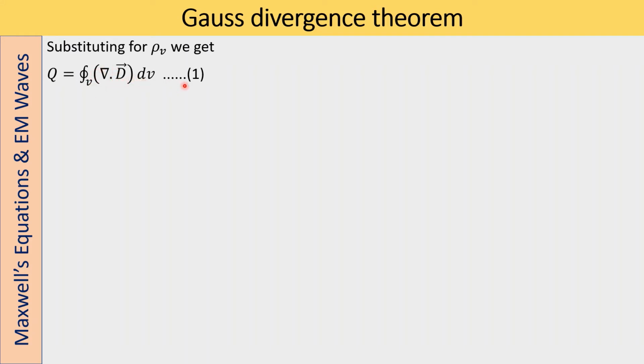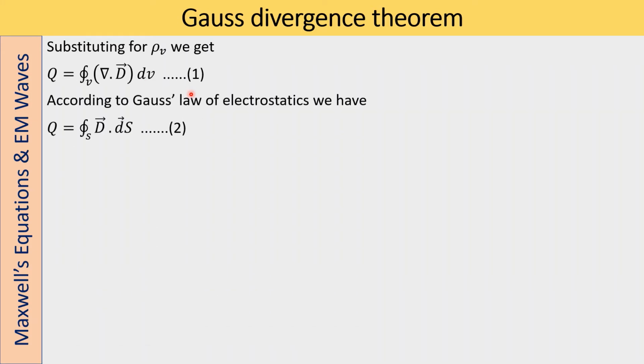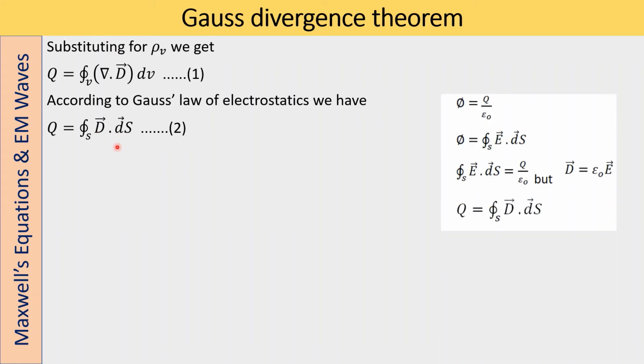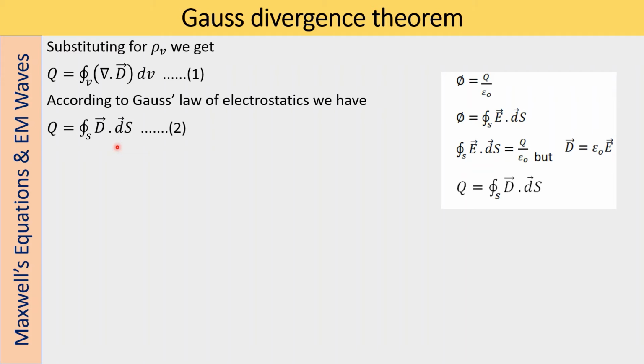This is equation 1. According to Gauss law of electrostatics, we have q equal to the surface integral of D dot ds, where D is the electric flux density. Because according to Gauss law of electrostatics, the total flux enclosed by the Gaussian surface is equal to 1 by epsilon times the total charge enclosed by the surface.